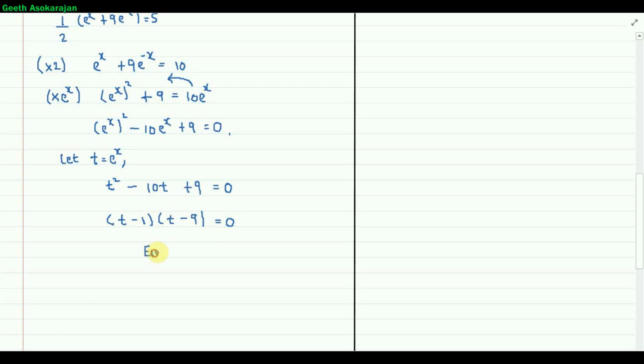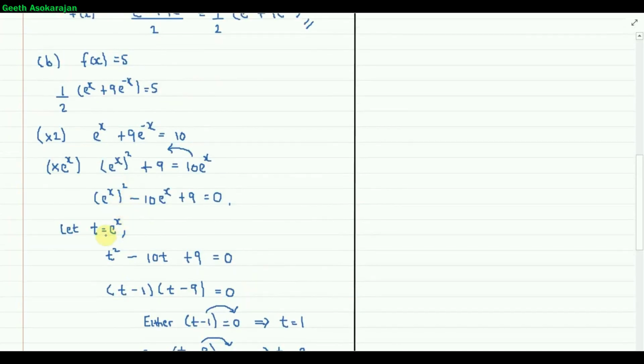So either t minus 1 is equal to 0, and if I take the minus 1 to the right hand side, that implies that the first t value is plus 1, or t minus 9 is equal to 0, and if I take the minus 9 to the right, I make the next value of t plus 9. So here are the two values of t, but we're looking for the values of x.